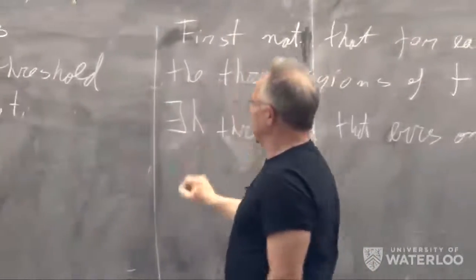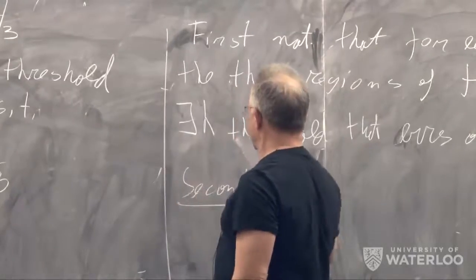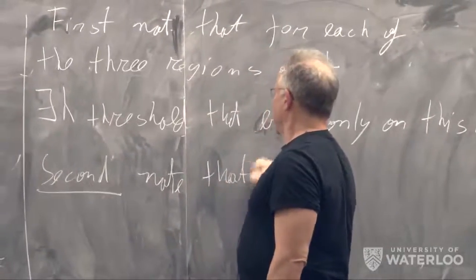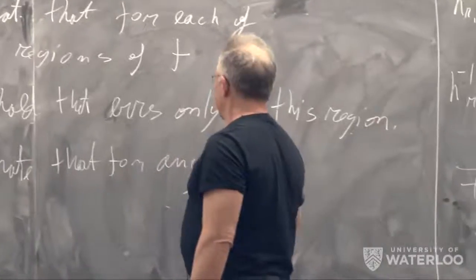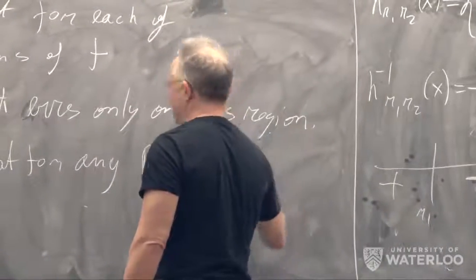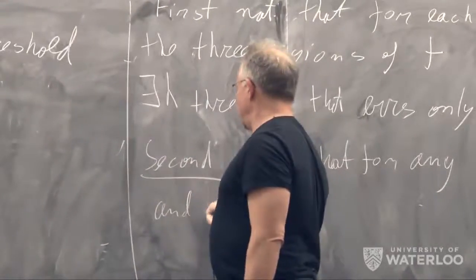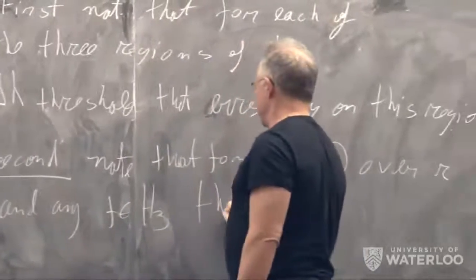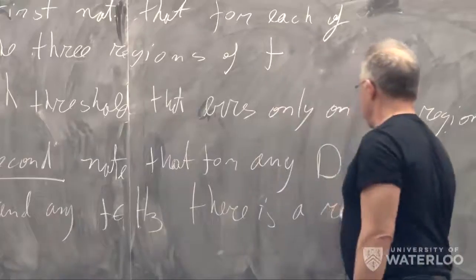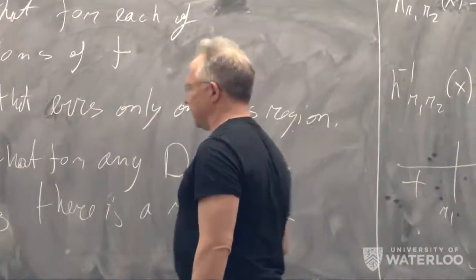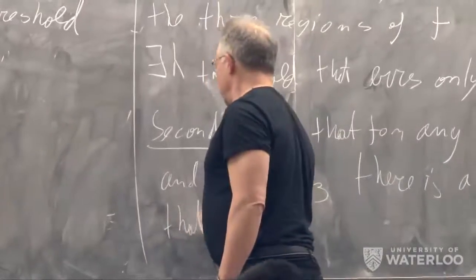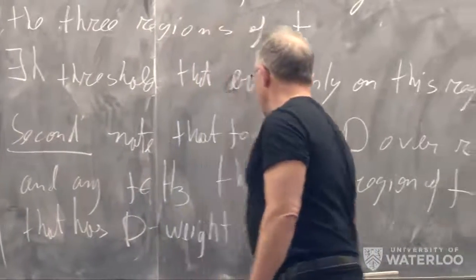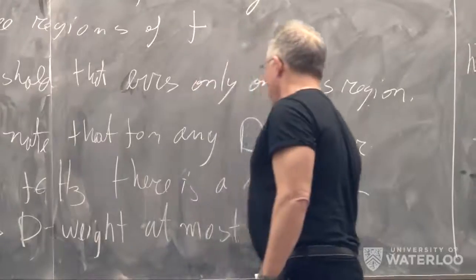That's the first thing to note. Second, note that for any distribution D over R and any F in H3, there is a region of F that has weight or probability at most 1/3.